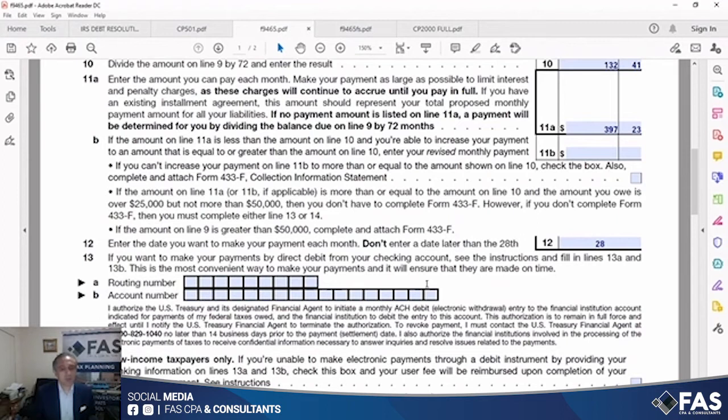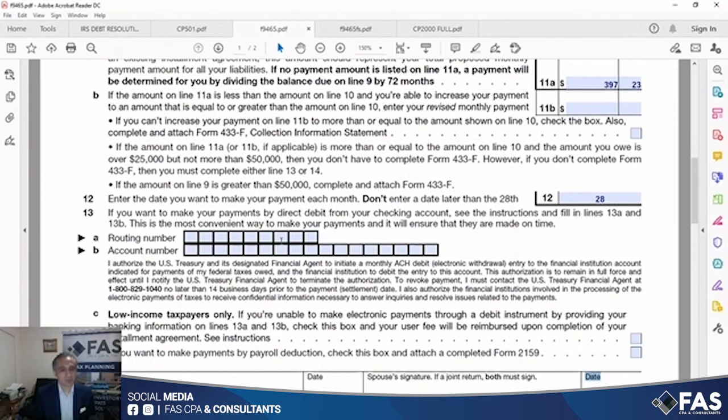If you do not plan to pay monthly online with automatic debit, meaning that you didn't use the routing number and account number on the form, and you plan to send a check, you can send a check.